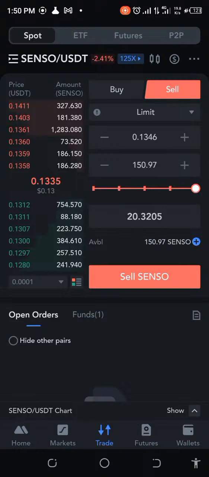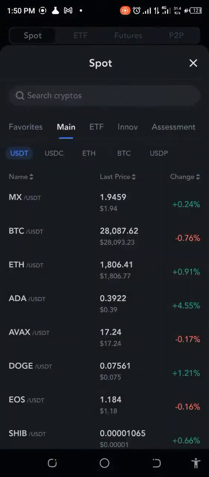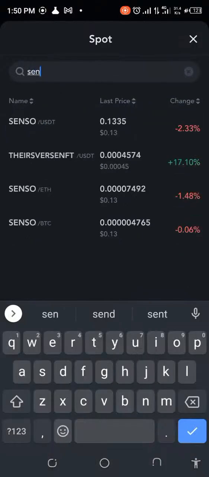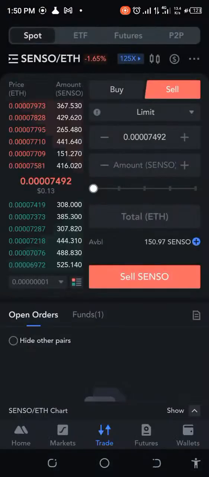Okay, it's looking like it's gonna give us back our money. But what I'm seeing here is that if we sell back to Senso ETH, which looks like it's climbing, we might likely get more. Oh no, not at all, because this amount wouldn't give us that much.